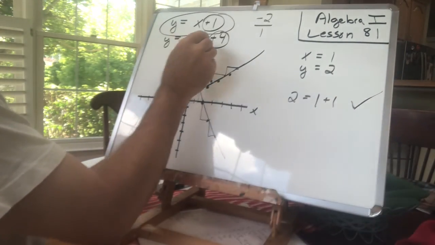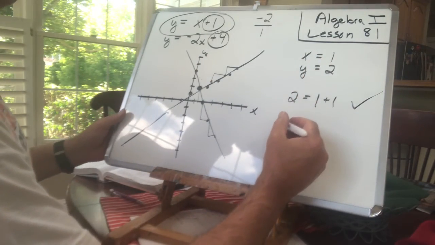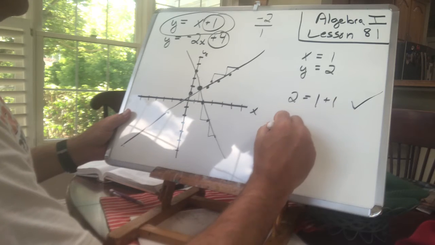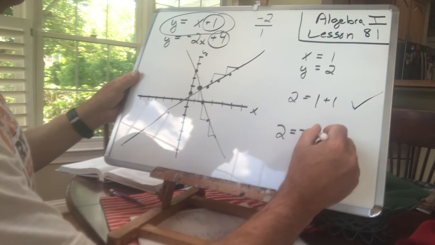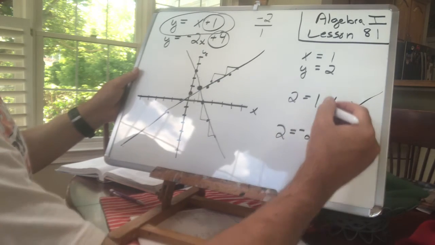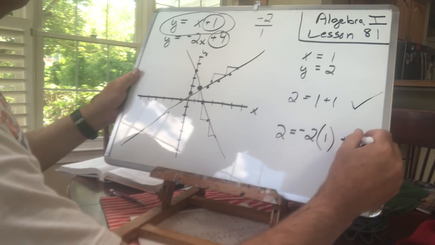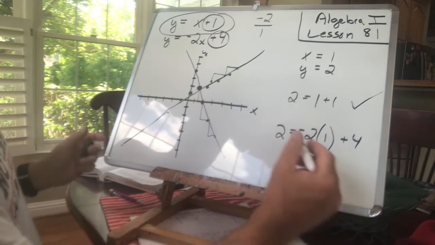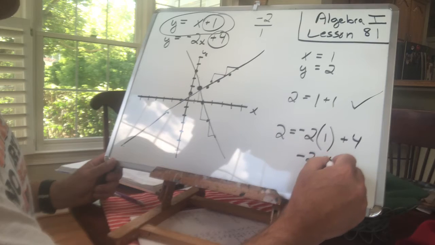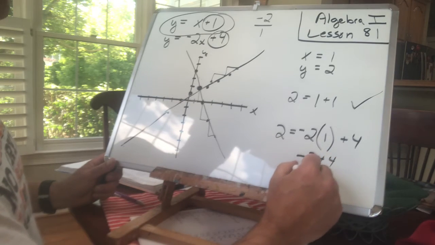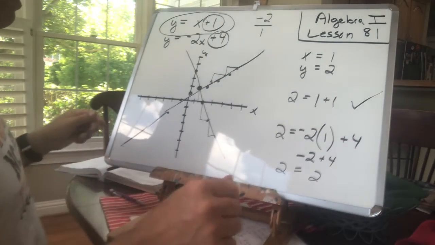If we do it to this line, we substitute in 1 and 2, that would mean 2 equals negative 2 times x, which is 1, plus 4. Does that work out? What's negative 2 times 1? Negative 2 plus 4. That's going to equal 2. And yes, that equals 2. So that's how we did that one.